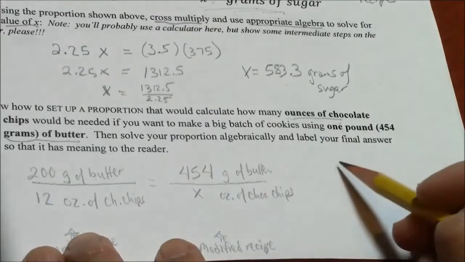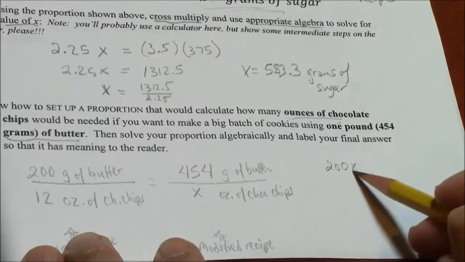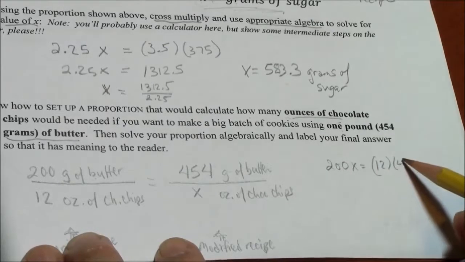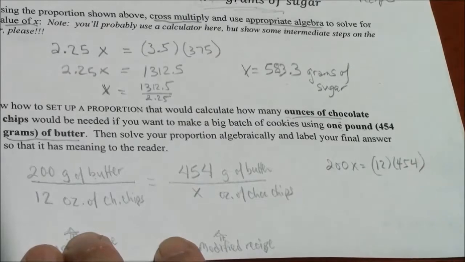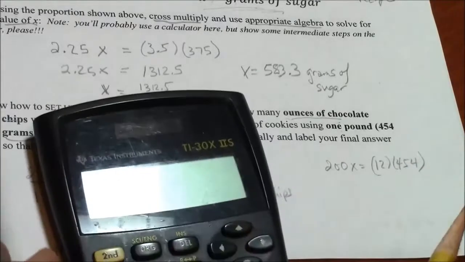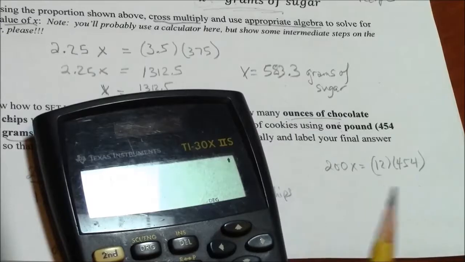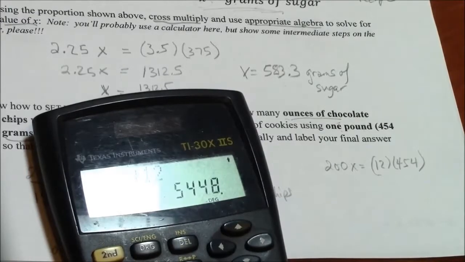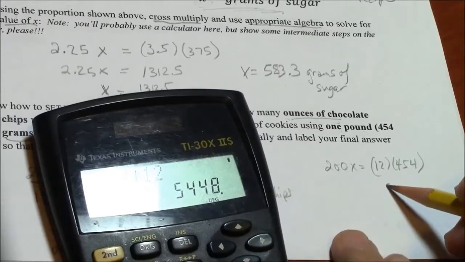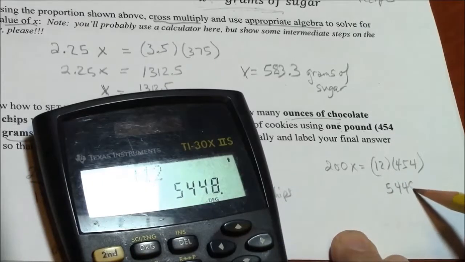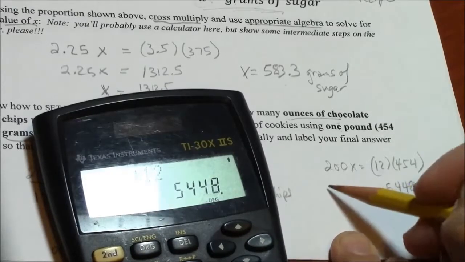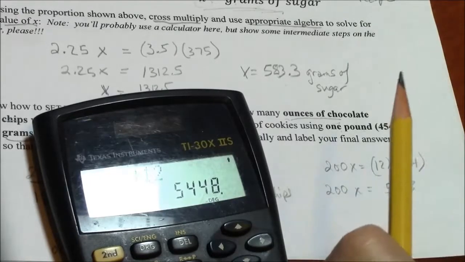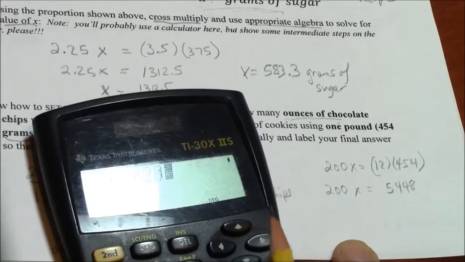Here's my algebra. I have 200x equals 12 times 454, and then it's calculator time. 454 times 12, 5448, and that equals 200x. So I divide by 200 to get my answer.